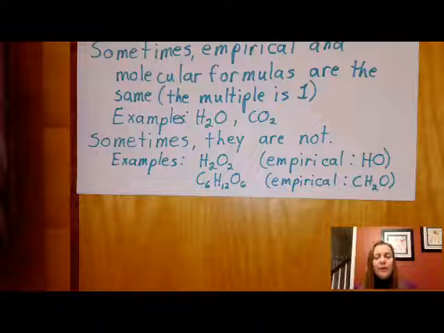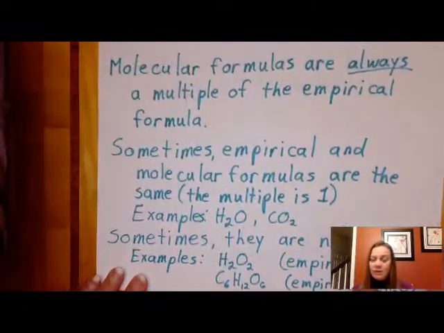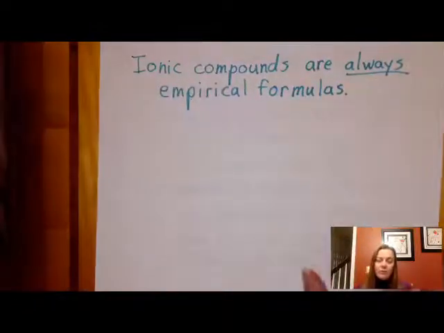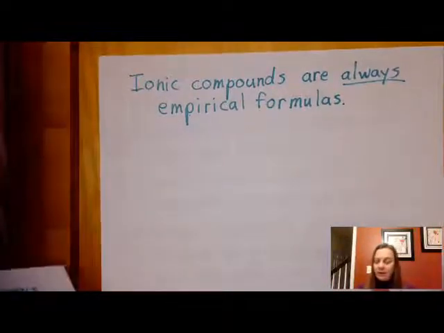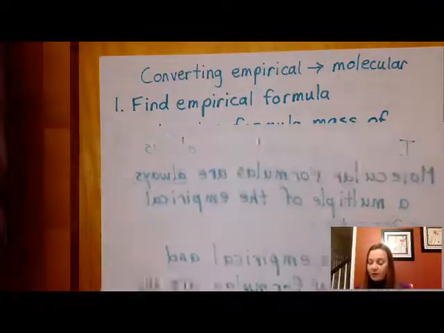So, knowing that, having learned how to find empirical formulas, how can we get from an empirical formula to a molecular formula? Well, it's pretty simple, and we just need one more piece of information in order to find our molecular formulas from our empirical formulas.